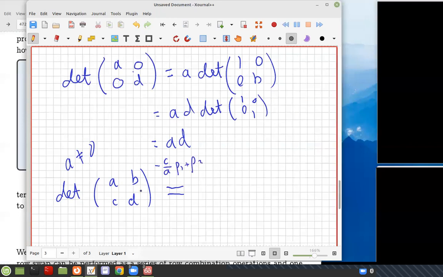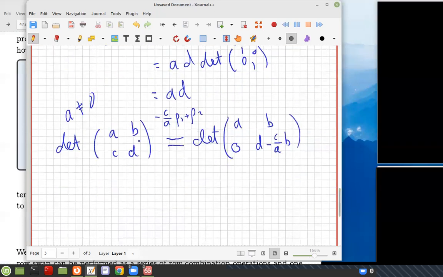Under this row operation, the determinant doesn't change value. So this is the same as the determinant of A, B, 0, D minus C over A, B, because we've just used the property that a row combination operation doesn't change the determinant.